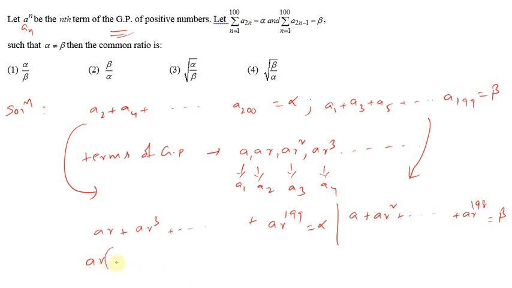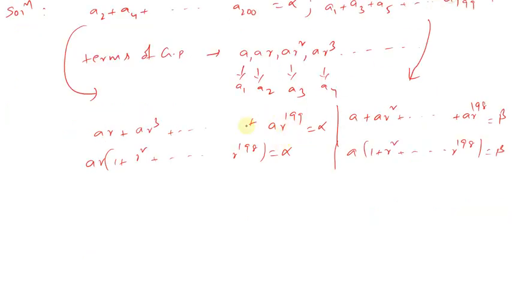Here you can take common ar: 1 plus r square plus, and so on, r power 198 is equal to alpha. Here you can take common a: 1 plus r square plus, and so on, r power 198 is equal to beta. See, you can observe one thing.